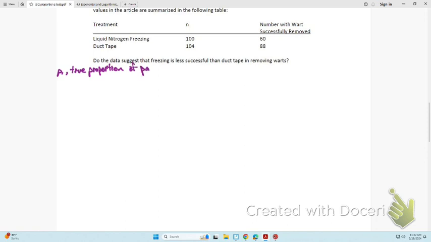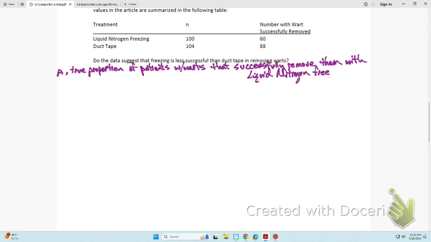Of patients with warts that successfully remove them with liquid nitrogen. Group 2 is exactly the same, just with duct tape.